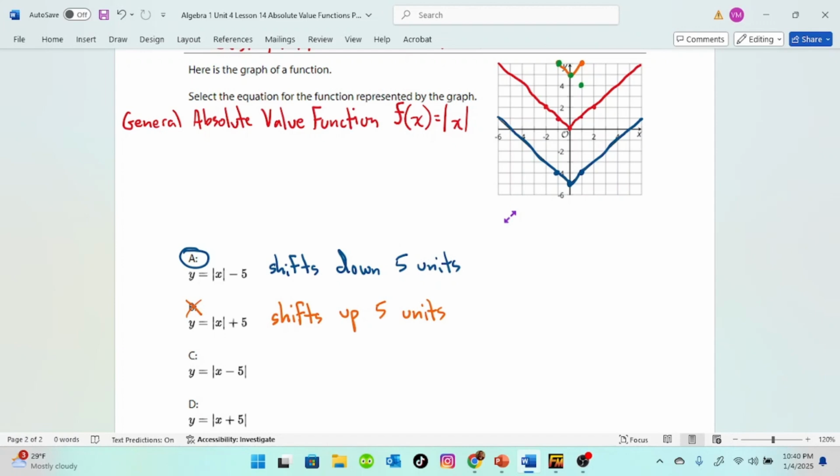If x were 2, 2 minus 5 is negative 3, and the absolute value of negative 3 is positive 3.